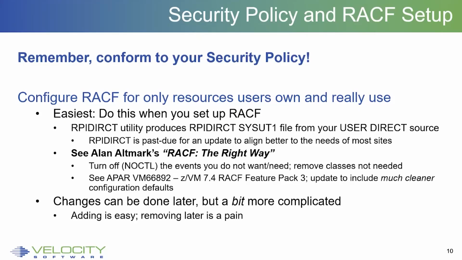There is a utility that produces the data that you need to set up RACF using your source user direct, the CP directory input, and that helps you get things set the way you need them. And I call out Alan Altmark's RACF the Right Way again because he walks through using that RPI direct output to manipulate it so that your system is set up the right way for the things that you absolutely need.